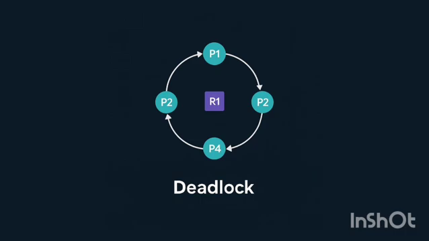A deadlock exists in the system if and only if the graph contains a circular chain of processes where each process is waiting for a resource held by the next one in the chain. In this diagram, you can see that processes P1, P2, P3, and P4 are all linked in a circular dependency. Hence, the system is in deadlock.